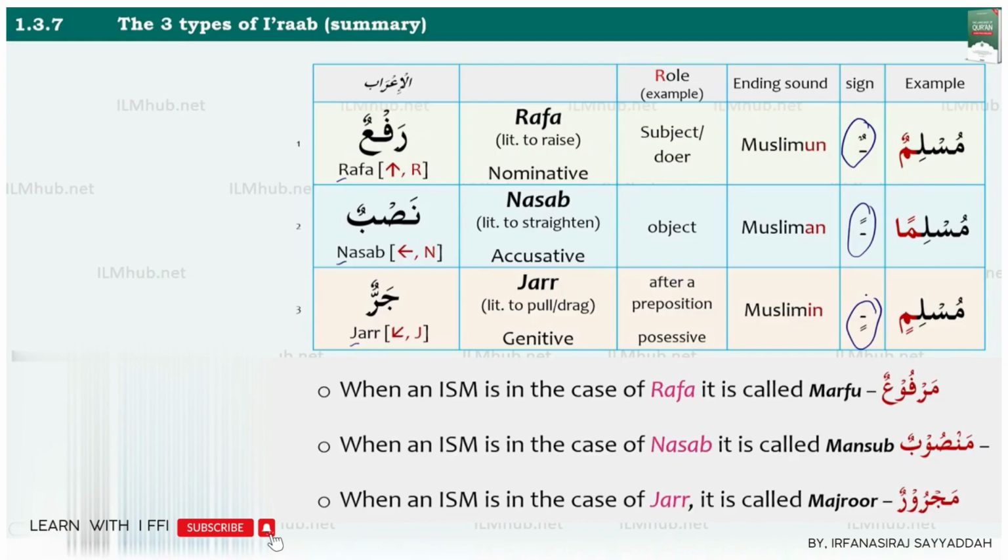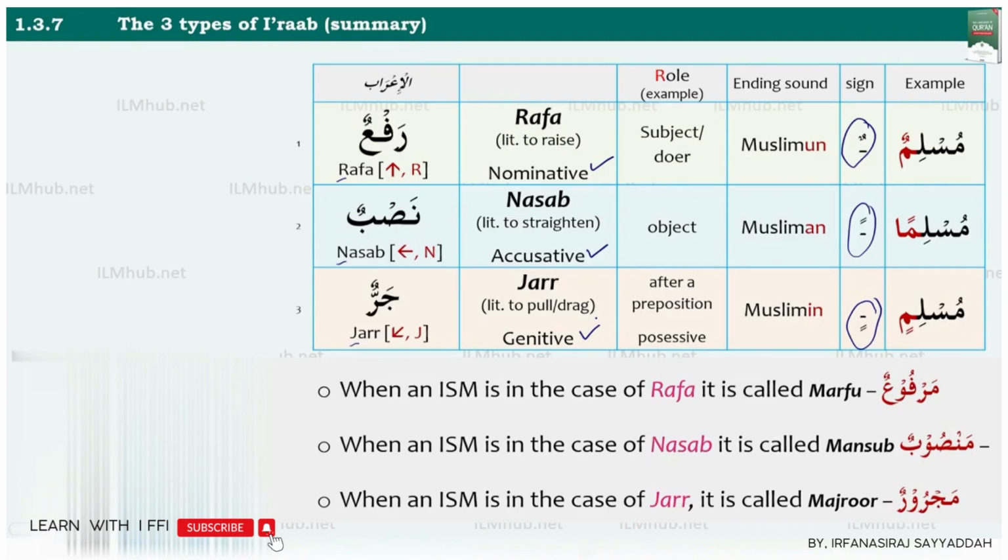Please note, in most books you will have it named, for example, as nominative for rafa, accusative for nasab, and genitive for jar. I do not use those terms when teaching this subject to English speaking students. The reason why I don't is because most of us who speak English have no idea what those words mean.